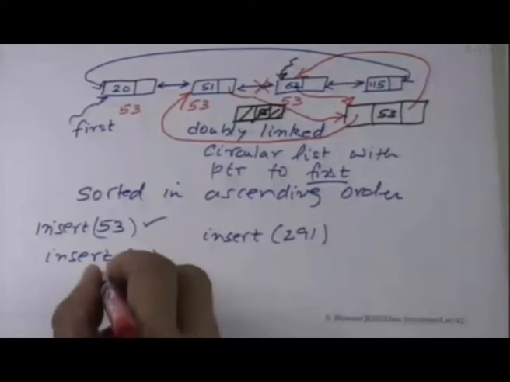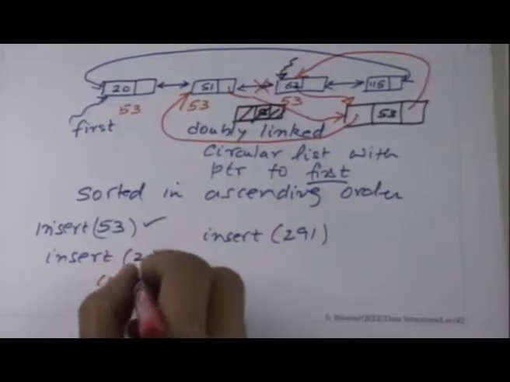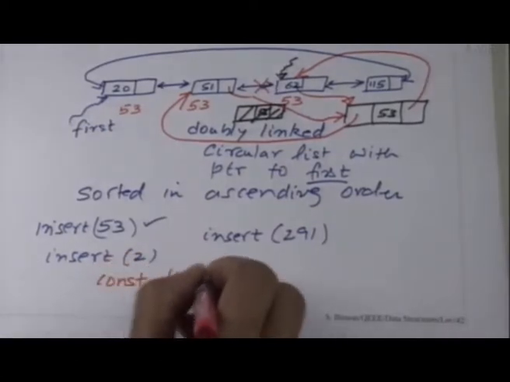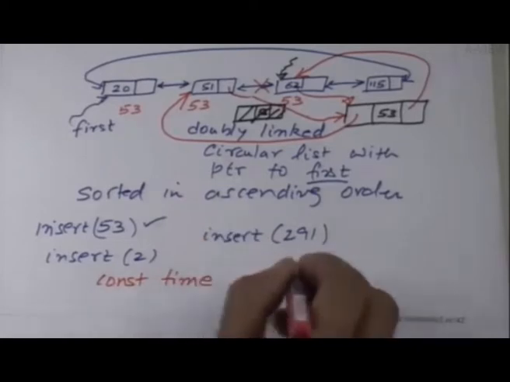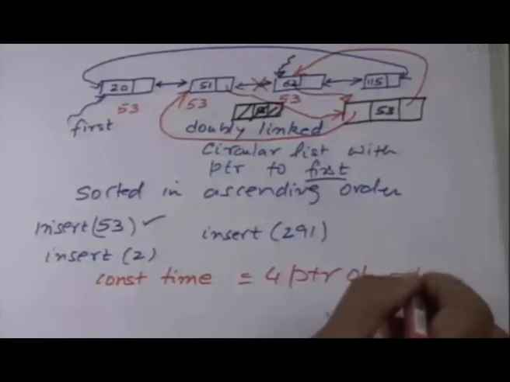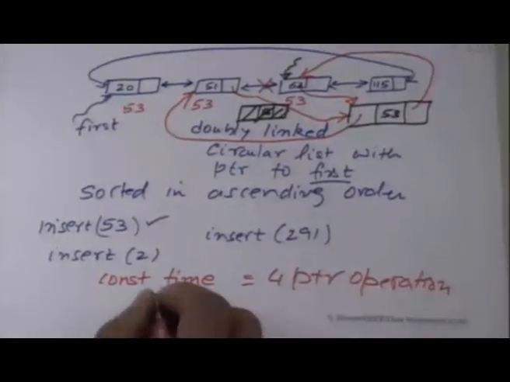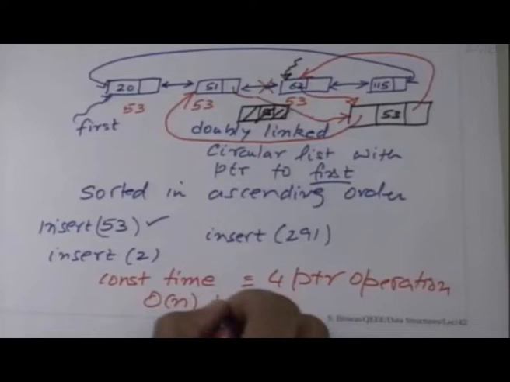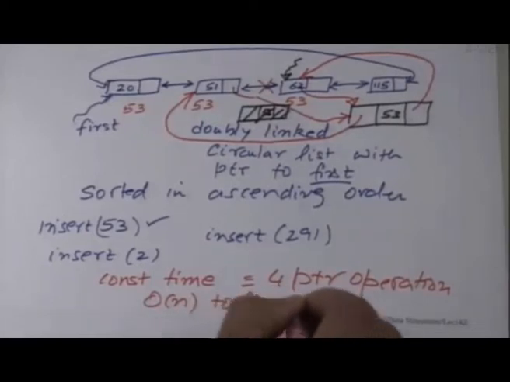So in constant time, after you have identified the place of insertion, I can insert. Basically 4 pointer operations. But you have to search, you have to find where, which may take O of n. So overall it's O of n to find and insert.